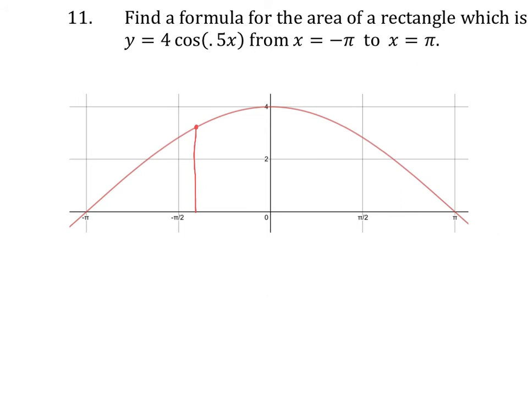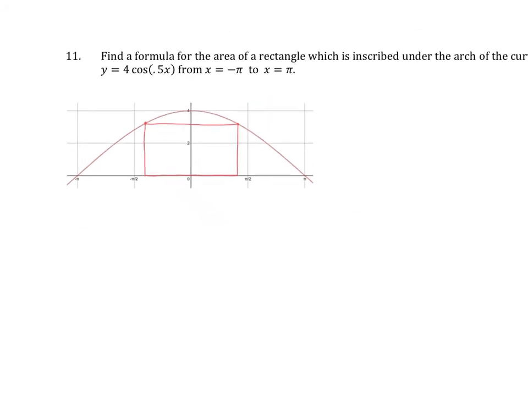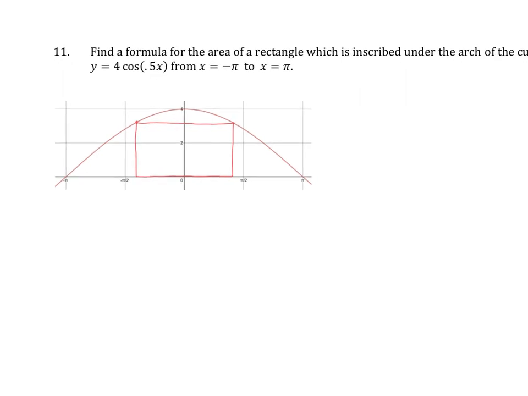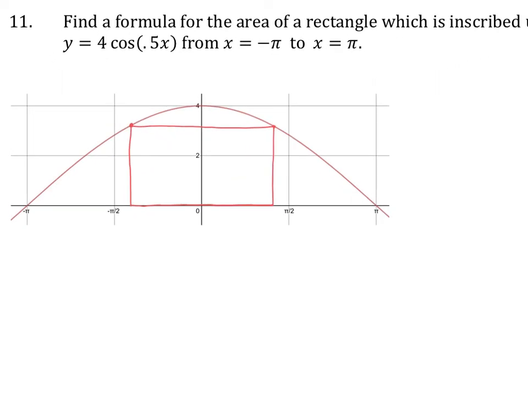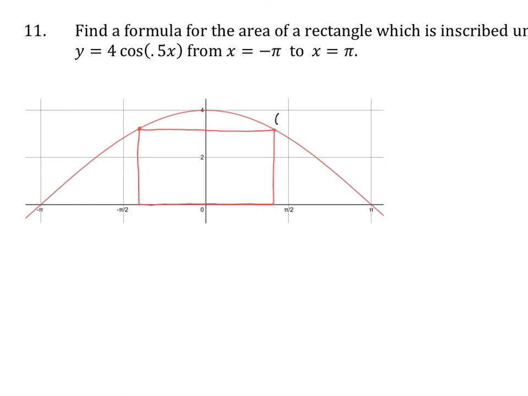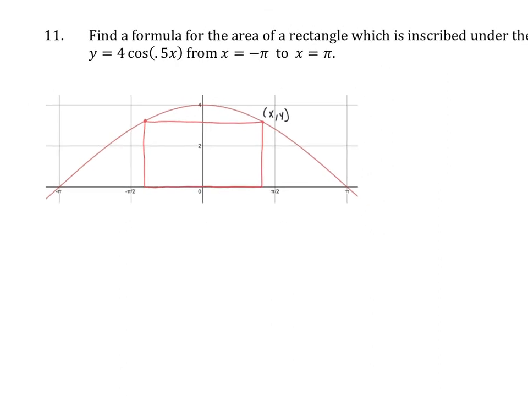Actually, let me make sure this is symmetric. All right, and this is the rectangle that we're looking at. We want a formula for the area of this rectangle. So this point is (x, y), but that y is 4 cosine 0.5x.